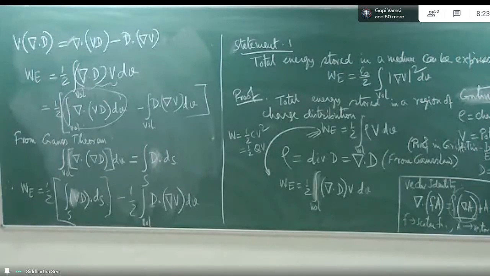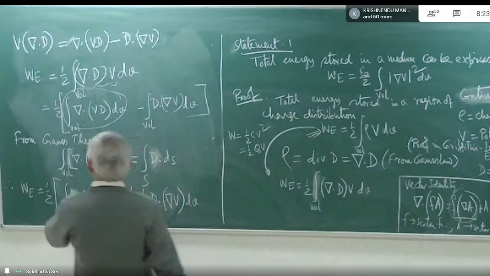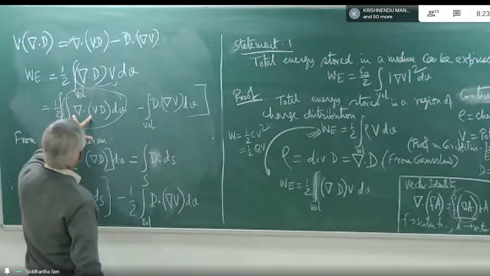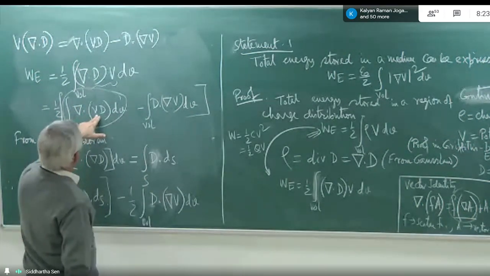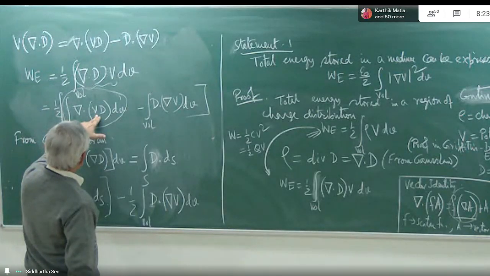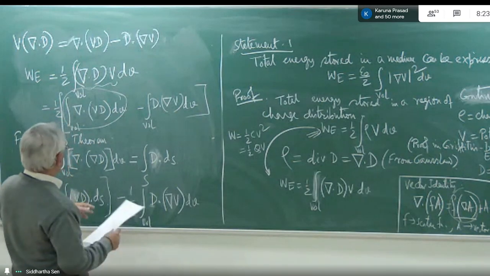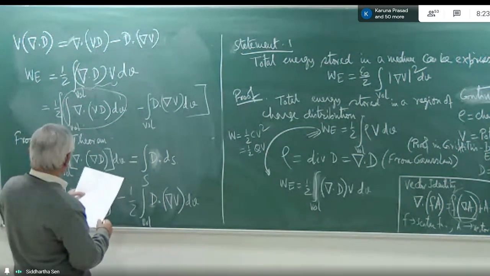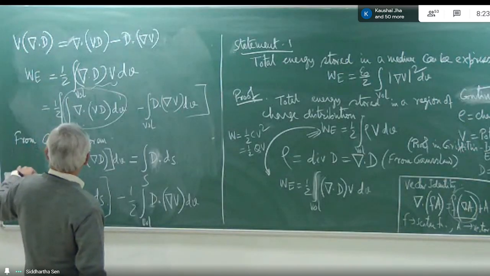Sir, you have written Gauss theorem wrong, I think. Nabla D into dV equals D dot dS, you have written like that. But it is nabla dot D dV equals D dot dS. No, first of all, this V is a scalar quantity. Which one? Once again, please, would you please tell me? Nabla dot V D it is.